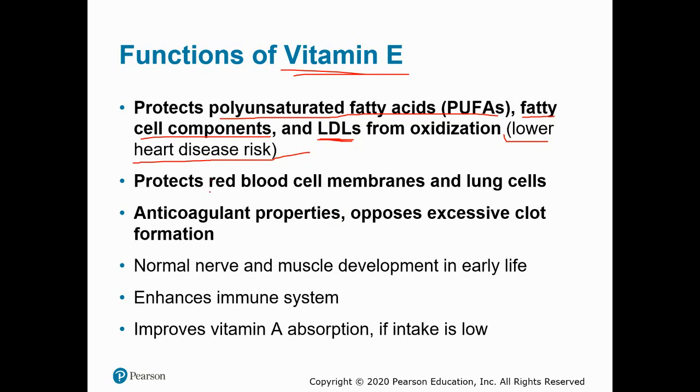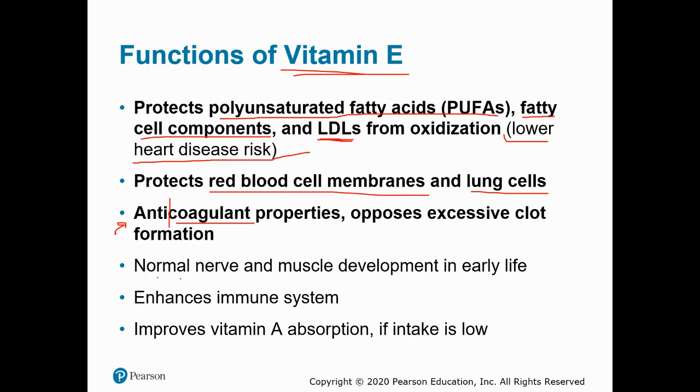Vitamin E also protects red blood cell membranes as well as lung cells. Vitamin E does have some anticoagulant properties. Coagulant means to coagulate, or to clot or clump together. So vitamin E actually opposes clot formation.